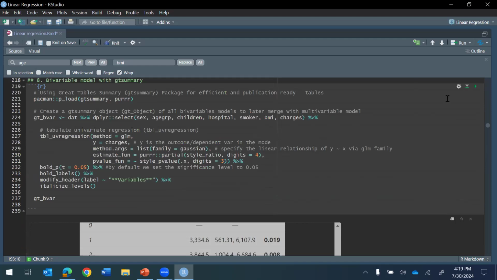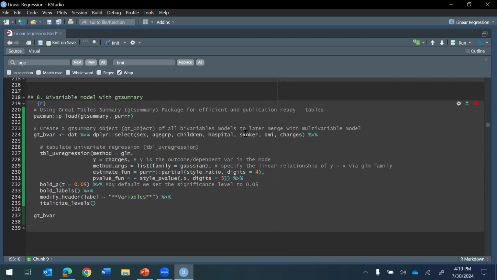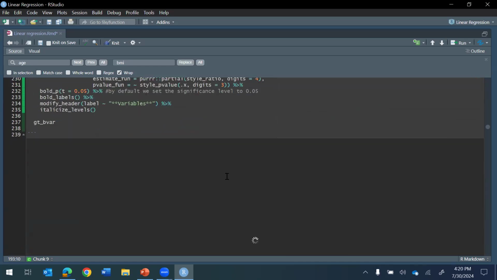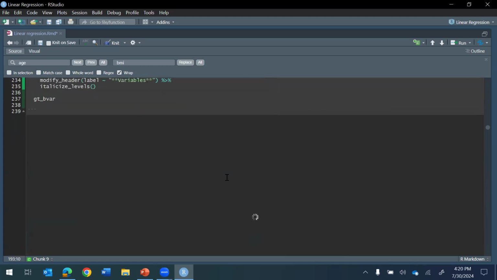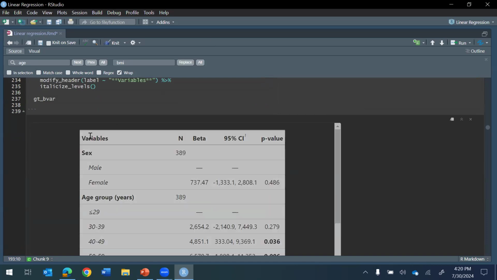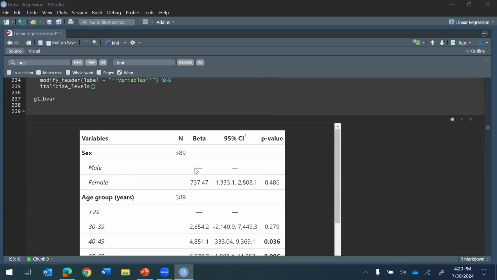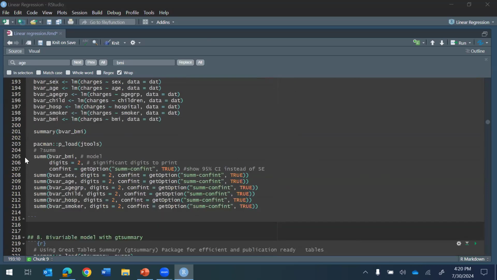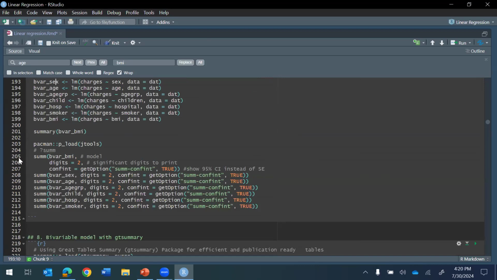Okay, so we'll go ahead and run that for you, and you will of course be able to get your model. It takes a bit of time because it has to basically run each one of these models one after another. And if you compare, you realize that these would be similar to the ones that you generated here.